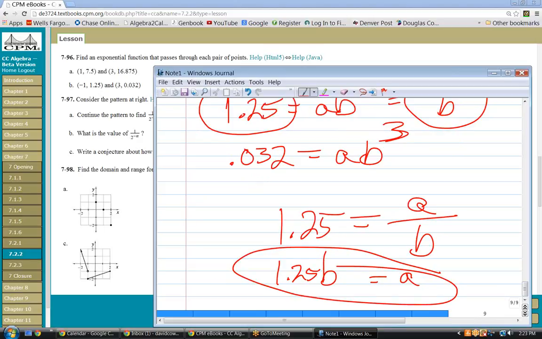Now, using substitution, I can solve this equation. What's my next line? What's A equal to? 1.25B.